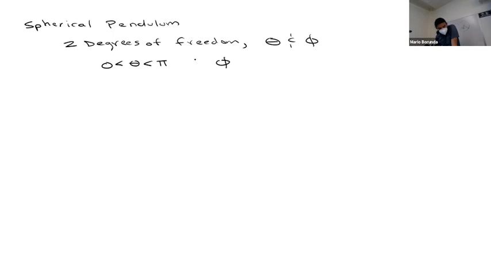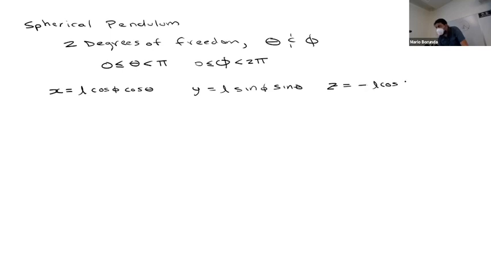And phi can go from 0 to 2 pi. So just like spherical coordinates, right? So if we want to write the Cartesian coordinates, x is equal to the length of the pendulum, cosine phi sine theta, y is the length of the pendulum, sine phi sine theta, and then z, I'm going to choose negative here, minus L cos theta.